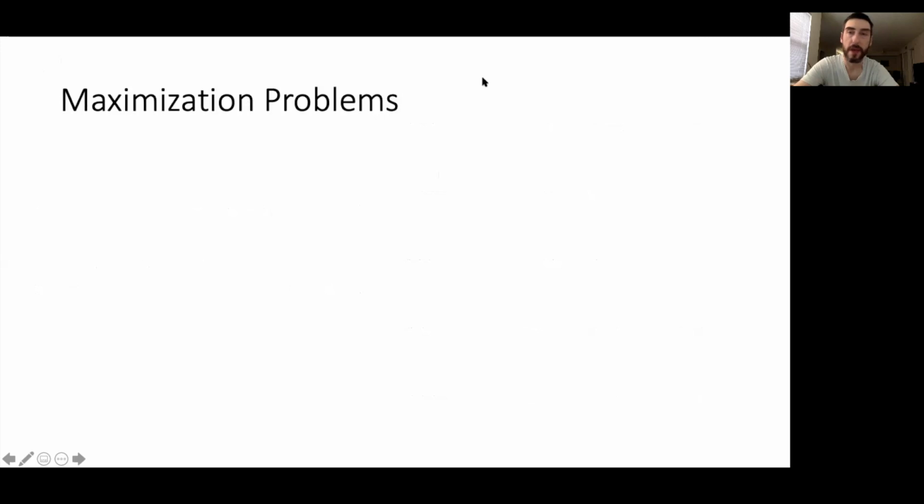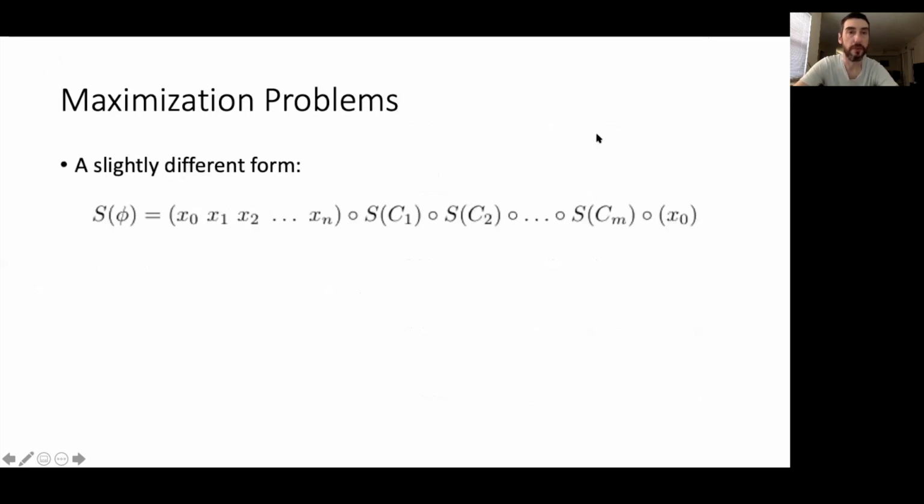Now let's look at maximization problems. And so for maximization problems, we need to use a slightly different form. Here, the form we'll use is this one here, where there's an initial set of symbols, not necessarily increasing, x0 up to xn in front of the string, and one final x0.